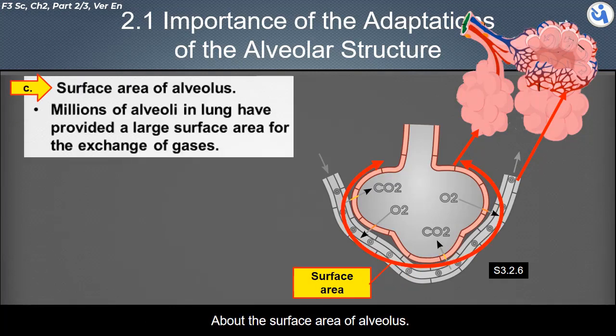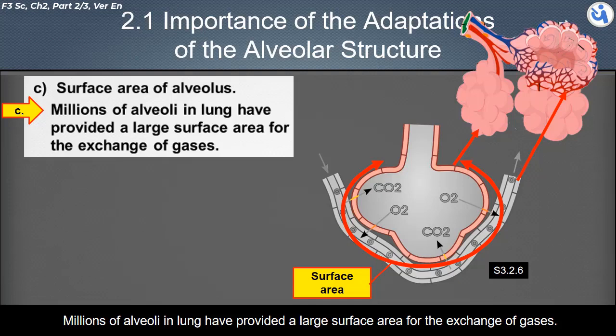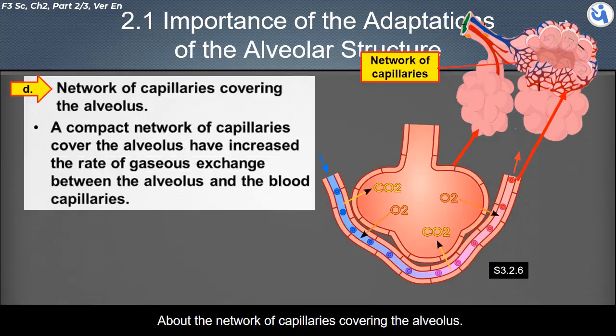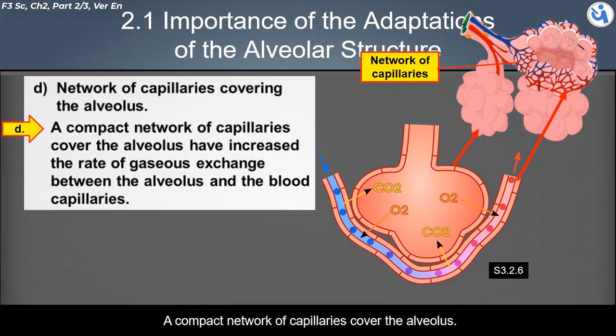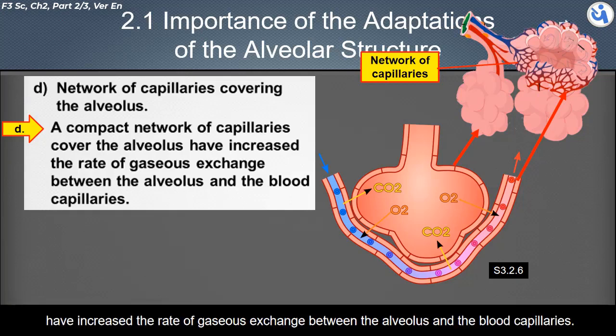About the surface area of alveolus: millions of alveoli in the lung provide a large surface area for the exchange of gases. About the network of capillaries covering the alveolus: a compact network of capillaries covering the alveolus has increased the rate of gaseous exchange between the alveolus and the blood capillaries.